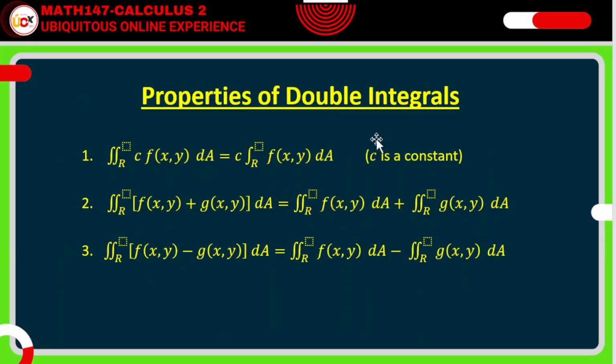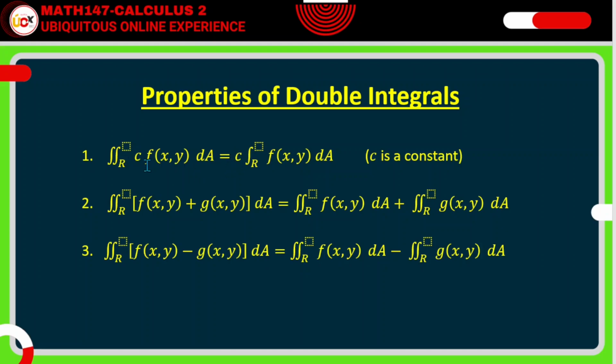Okay, next we have the properties of double integrals. So the first property of the double integral is that, number one, the double integral of the constant c times the function f of xy times the change in the area over this rectangular region R is also equal to c.